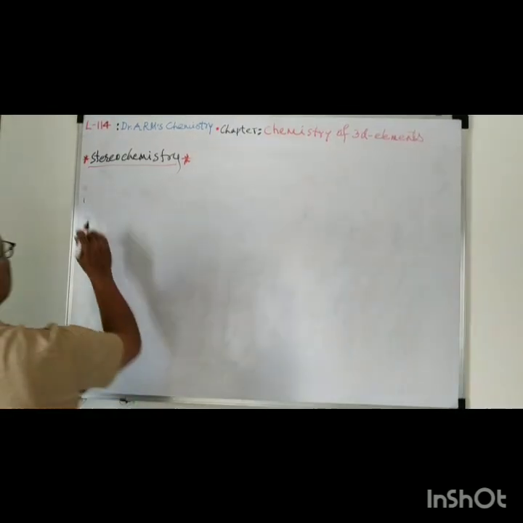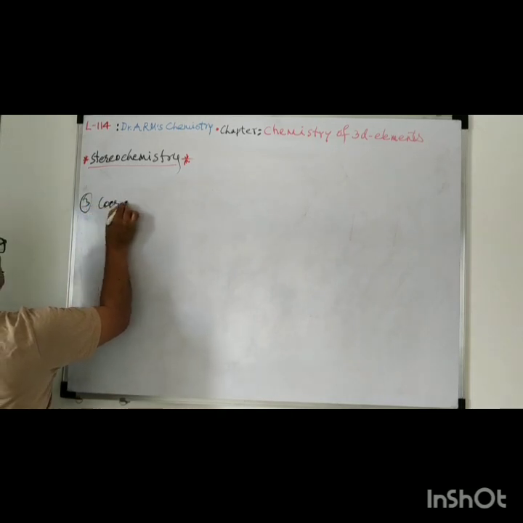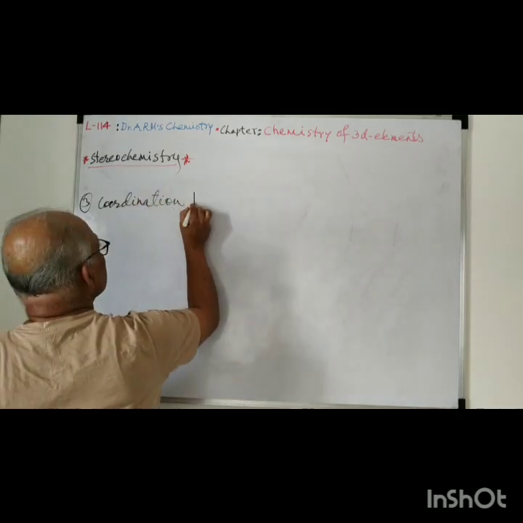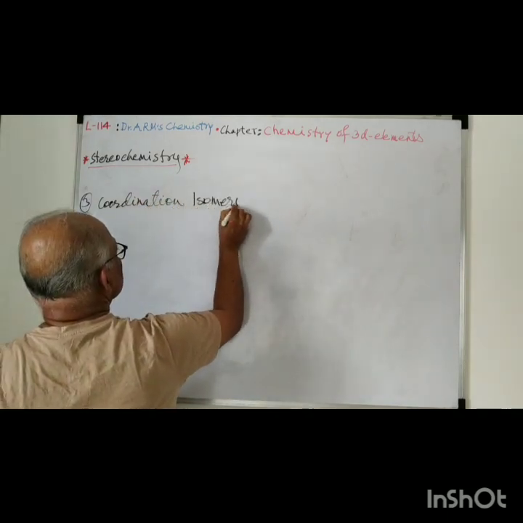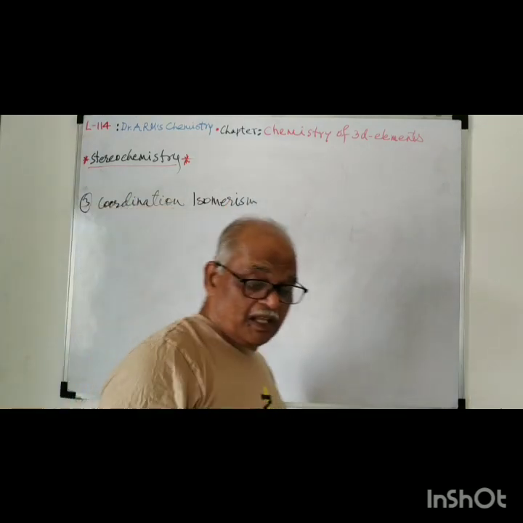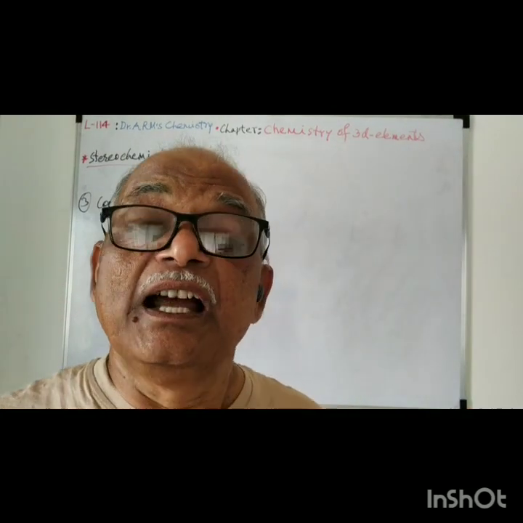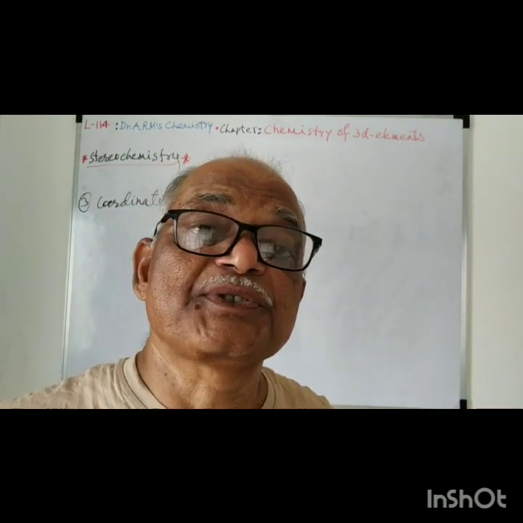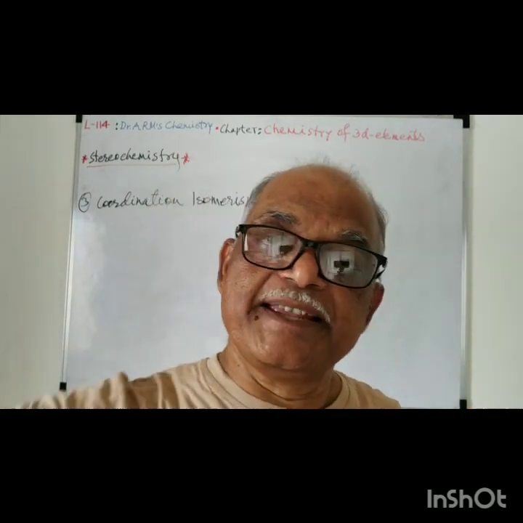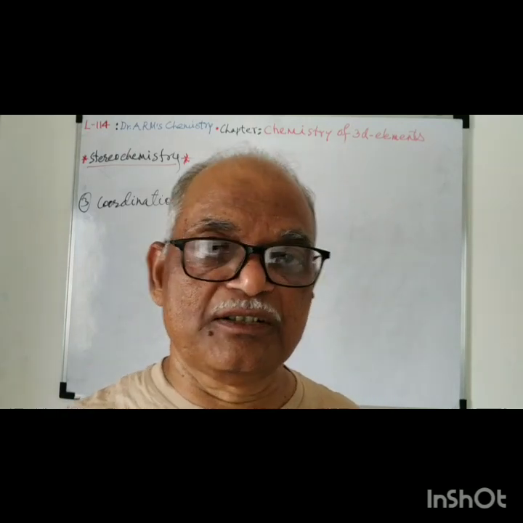The next, third, isomerism is coordination isomerism. Here the coordination compounds contain cations and anions which are both complex in nature.